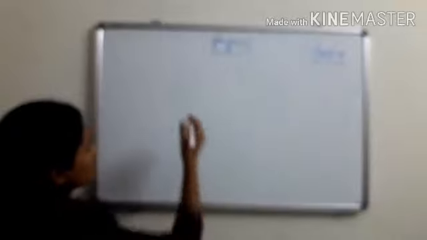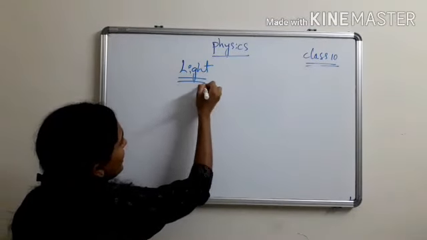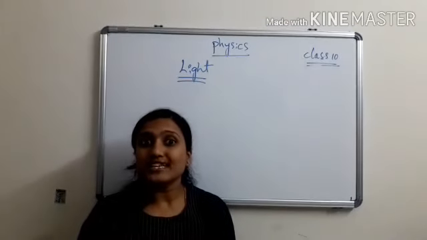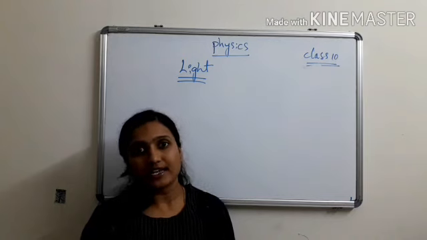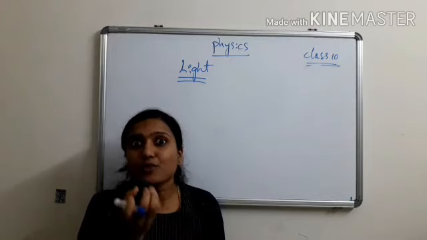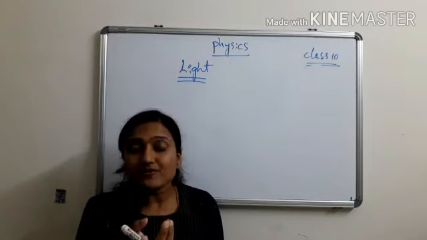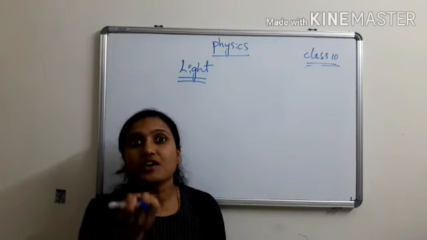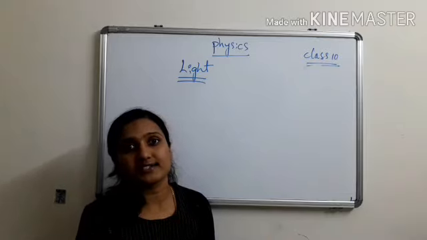See, before entering this light chapter, we have to know some important things, like what is meant by light and what is the importance of light. Without light, we can't see the objects. Which property of light is the reason we can see objects?